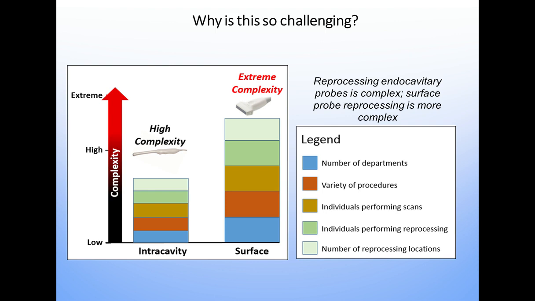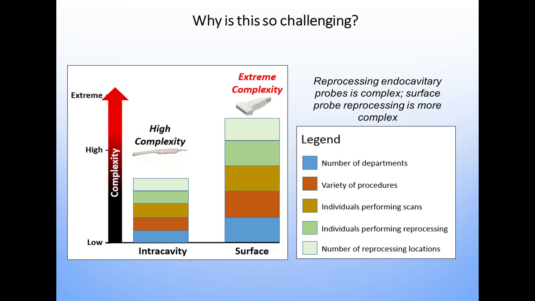For instance, in a fertility setting, you might be conducting follicular assessments with transvaginal ultrasound, but you may also be conducting oocyte retrieval procedures, and they're obviously quite different from an infection control perspective. There are quite a number of individuals performing those scans and performing reprocessing at different locations. So all of this adds up from an infection control perspective to quite a complex problem.